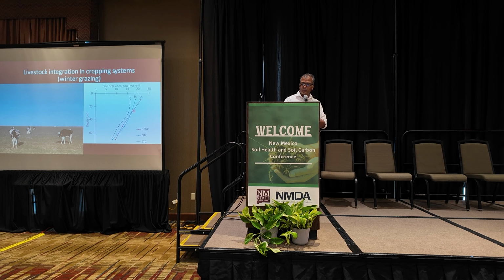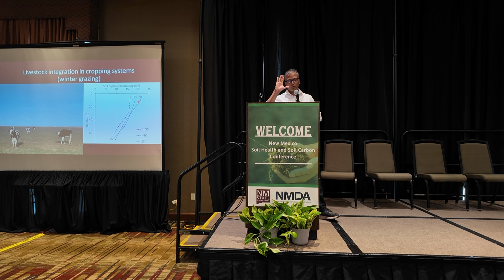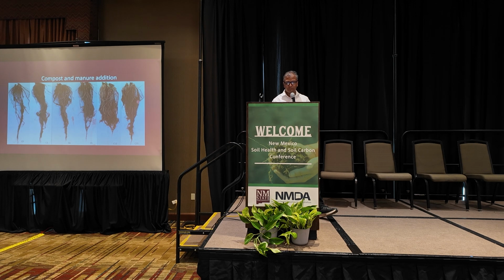And you see with livestock grazing, specifically in the top foot of the soil, we have much more organic matter than no tillage or strip tillage itself. So in dryland situations, in this experiment, looking at those fields with different management, livestock can play a major role in adding more organic matter in surface soil.